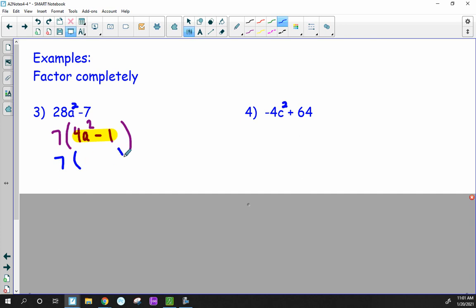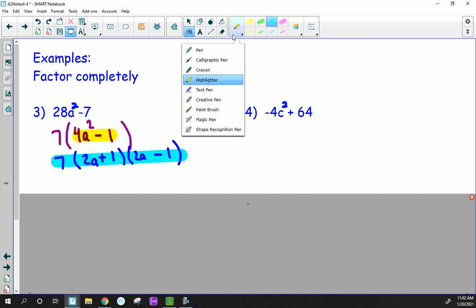You are now focused on the highlighted part and trying to factor it. Factors of 4a squared are 2a and 2a. Factors of 1 are 1 times 1. There should be 1 plus sign and 1 minus sign. Okay, so based on what I've done, that appears to be the answer.